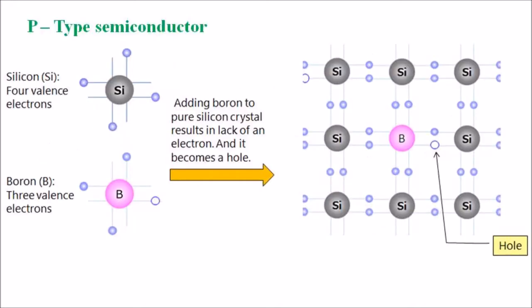Thus, a p-type semiconductor consists of positively charged holes as majority charge carriers, negatively charged immobile impurity ions, and neutral immobile silicon atoms in its crystal structure.